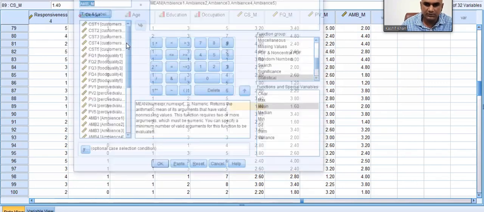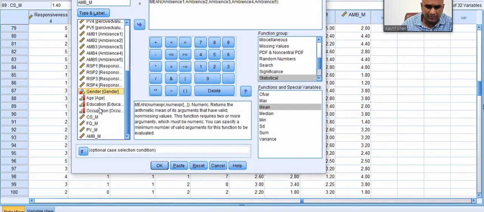Compute variable. We don't need to do it with age and gender because they are already single values. Okay, so RSP is responsiveness. Responsiveness 1, responsiveness 2, and then responsiveness 3, and then comma, responsiveness 4, and click OK.